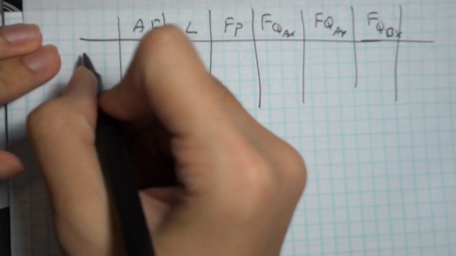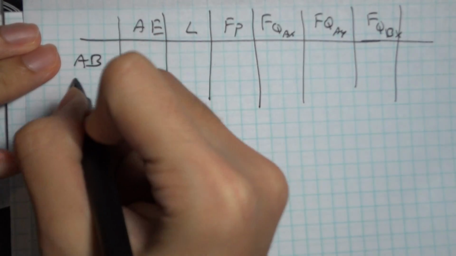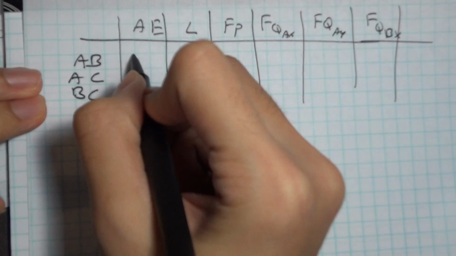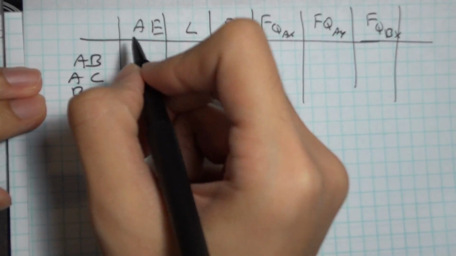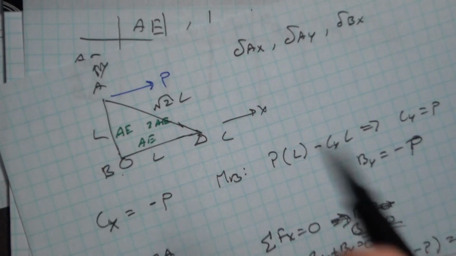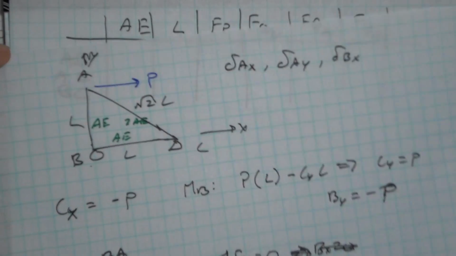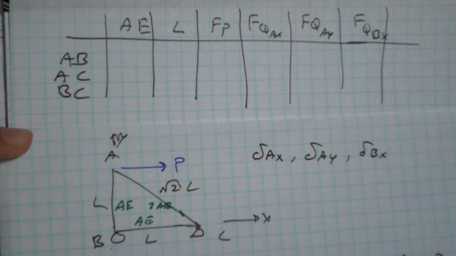I have 3 members. Let me label these rows really quick. I have row AB, AC, and BC. My AE for AB is defined in green here. Let me use green. Let me see if I can fit both of them on the same page.